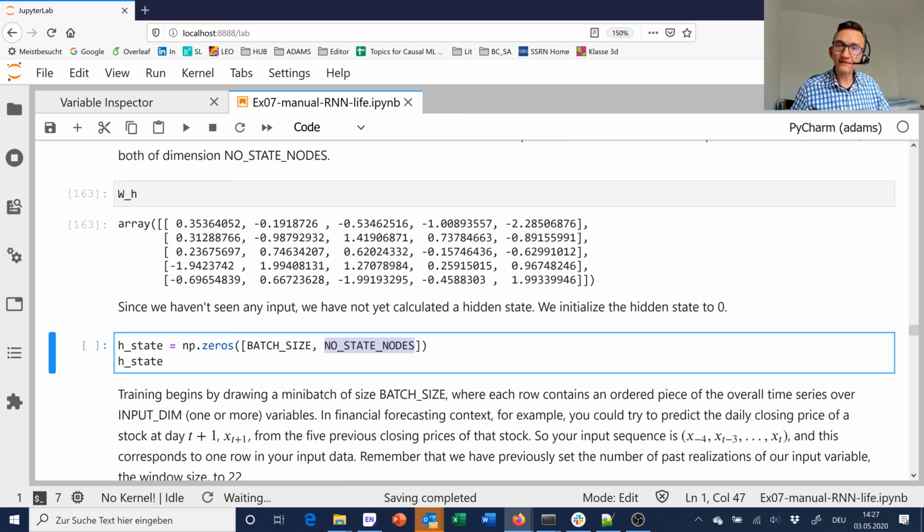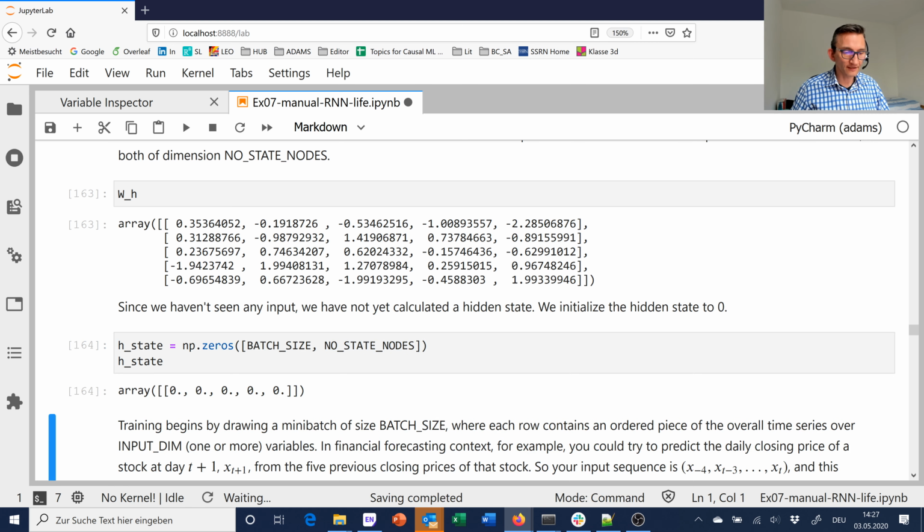We will simplify things and consider batches of size 1. So my hidden state is just a vector with 5 elements, but that is only because I'm considering batch size 1, while I could consider larger batch sizes, and then I would store the hidden state for every sample.